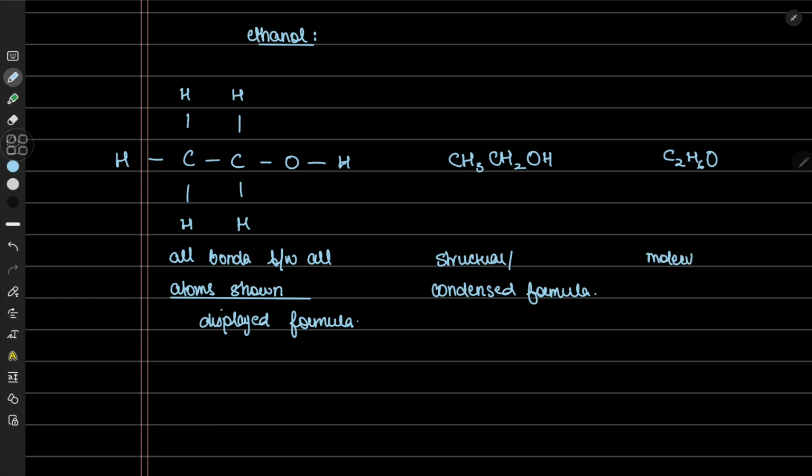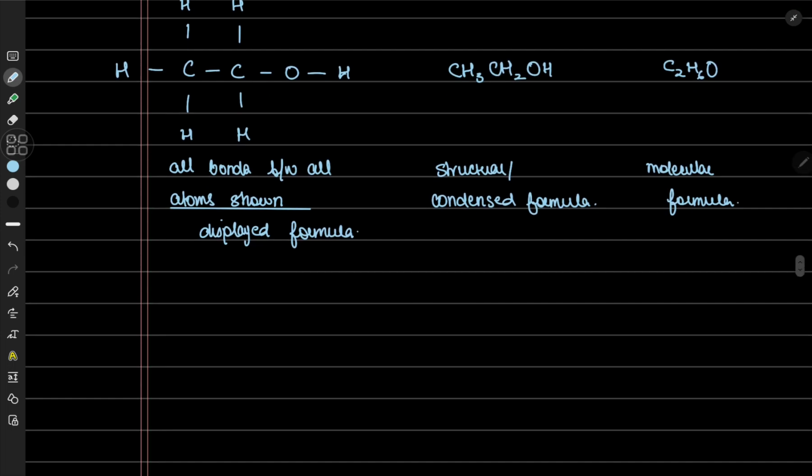But here's the thing. What if you want to write the empirical formula? Now empirical formula is just based on the simplest ratios. It is the simplest ratio of all elements in a compound. For example, if you have a compound, let's just say C4H6O2, you divide everything by 2 because that is the smallest number which will give you whole numbers, and you get the empirical formula as C2H3O.